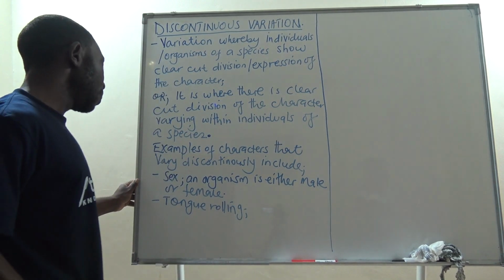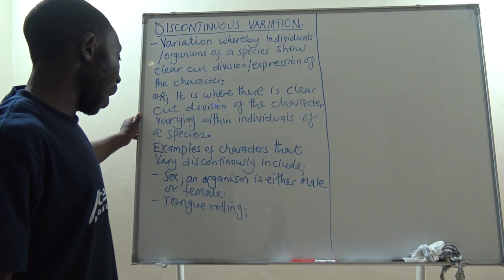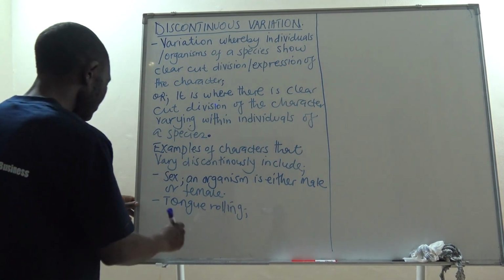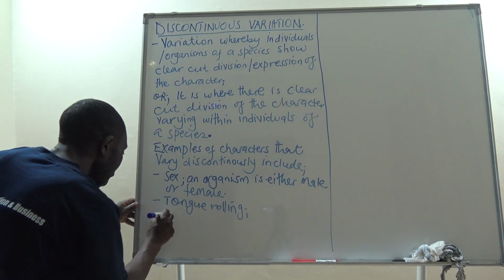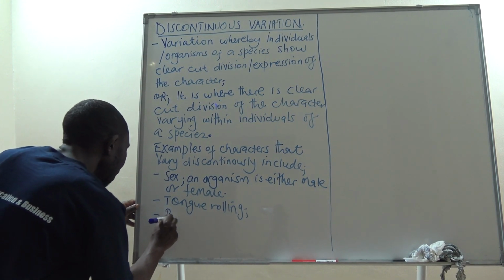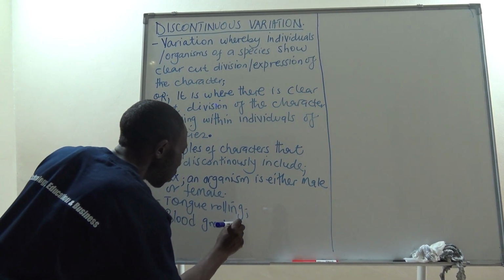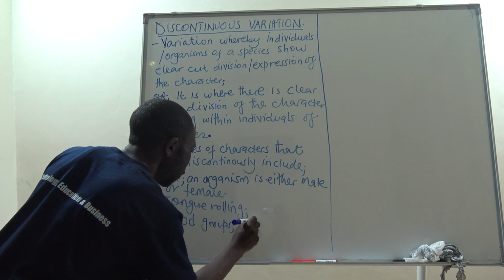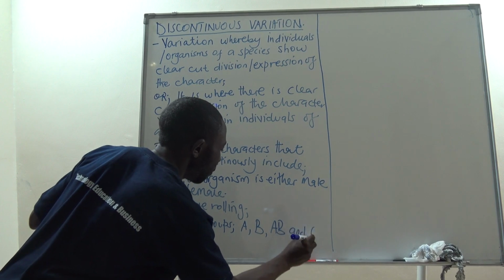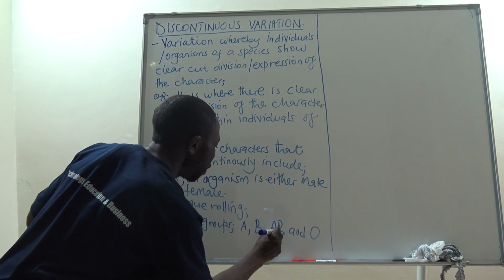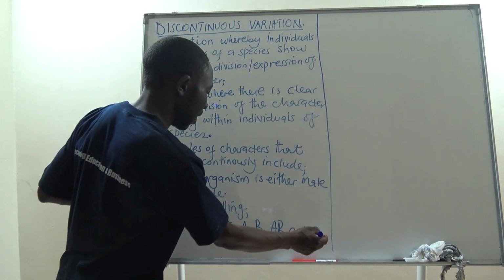One can either be a tongue roller or a non-tongue roller, and tongue rollers are very few within the population. So the other character is blood groups. That is blood group A, we have B, then AB and O. So an individual has any of the four blood groups mentioned here.